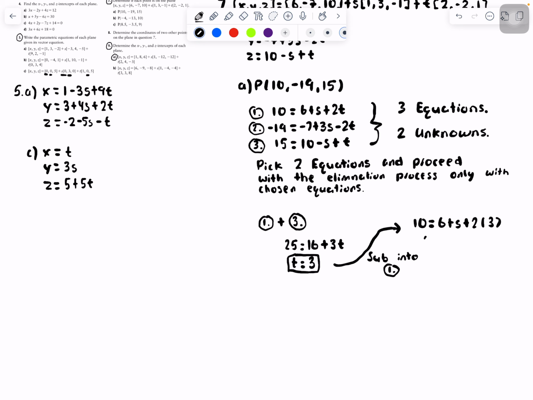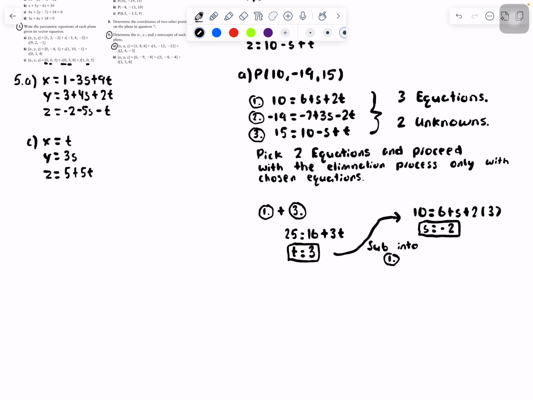And then s will be equal to, I'll do this all in one step, 6 plus 6 is 12, 10 minus 12 is negative 2. So I've proceeded only with doing the whole elimination process with equations 1 and 3.